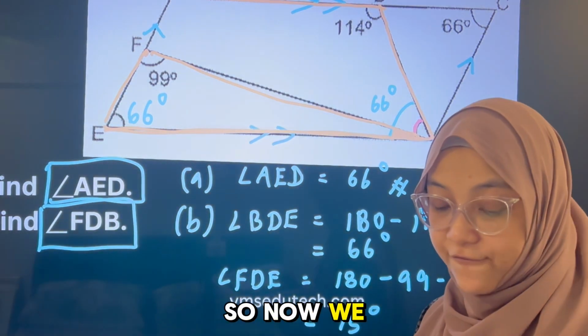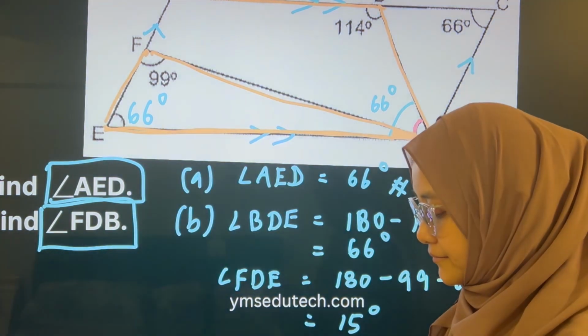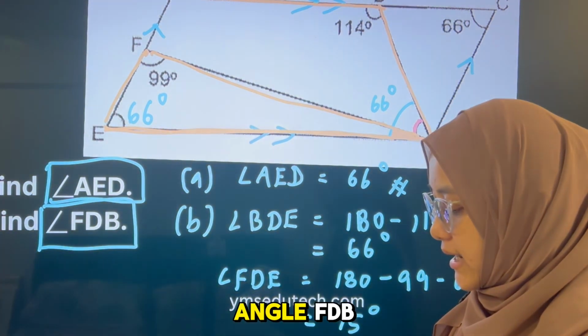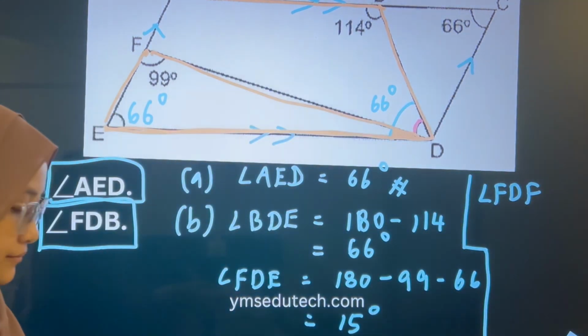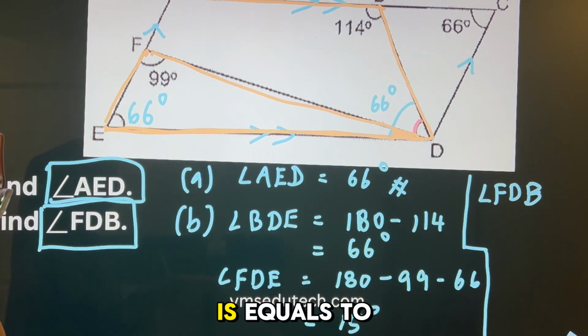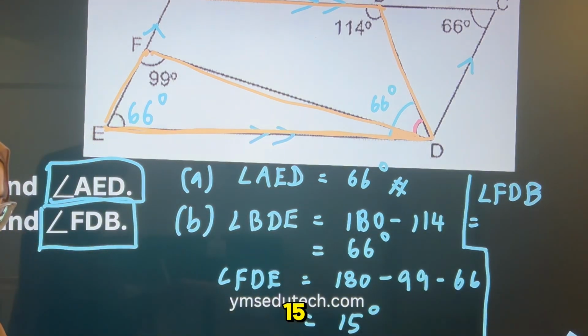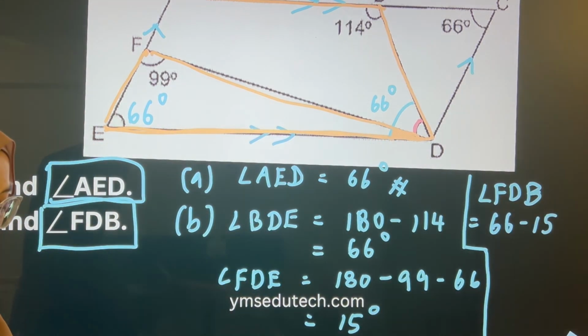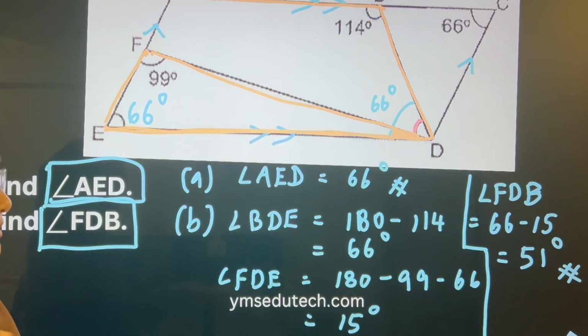So now we can find what is angle FDB. Angle FDB is equal to 66 degrees minus 15, and that gives us 51 degrees.